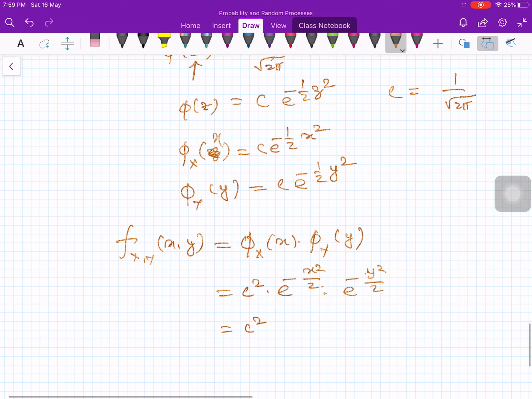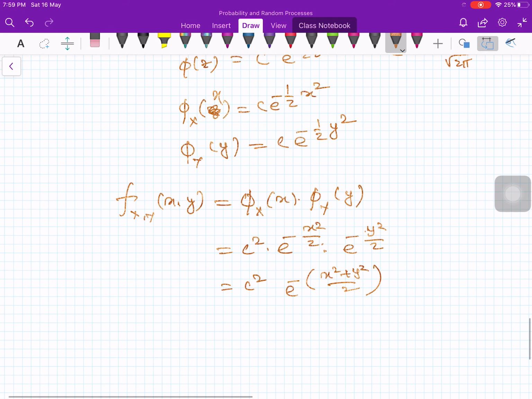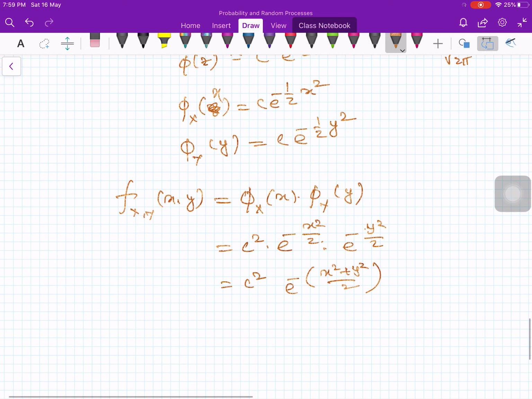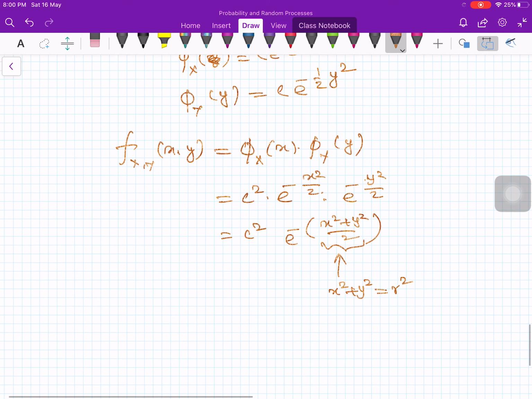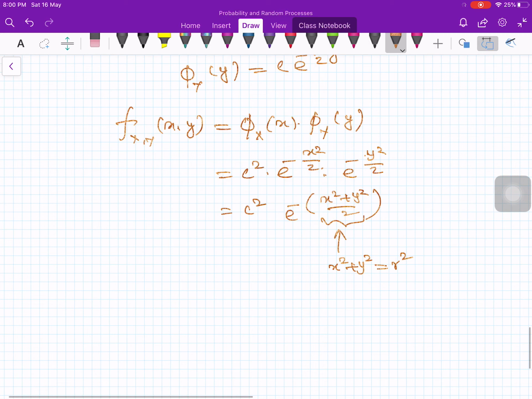So this is c squared e to the minus x squared plus y squared over 2. So the key property of this joint density is that it is a function of x squared plus y squared. Let me call x squared plus y squared equal to r squared, where r is the radial distance from the origin of the point x comma y. Since the mean is 0, you will get a circle with a center of 0 comma 0.